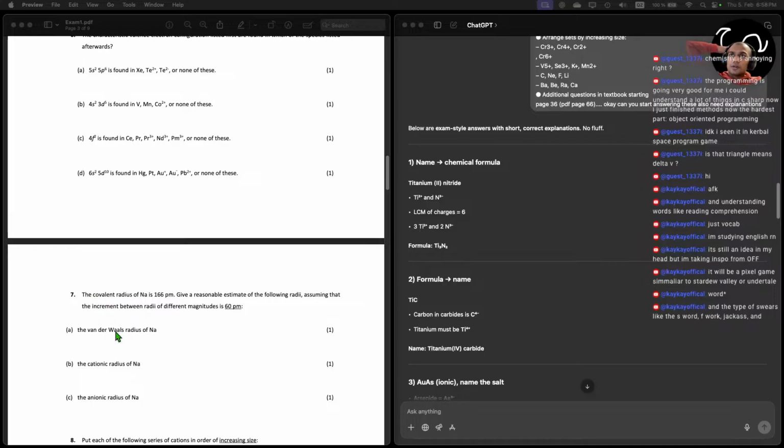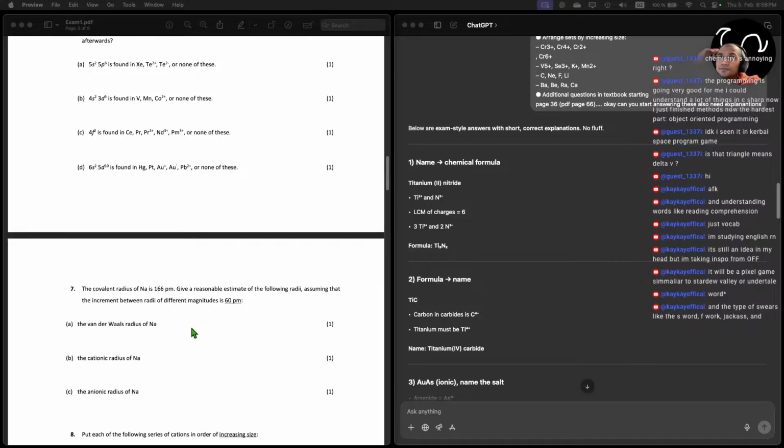The covalent radius of sodium is 166 picometers. Give a reasonable estimate of the following radii, assuming that the increment between radii of different magnitude is 60 picometers. Not gonna lie, that's an annoying question.